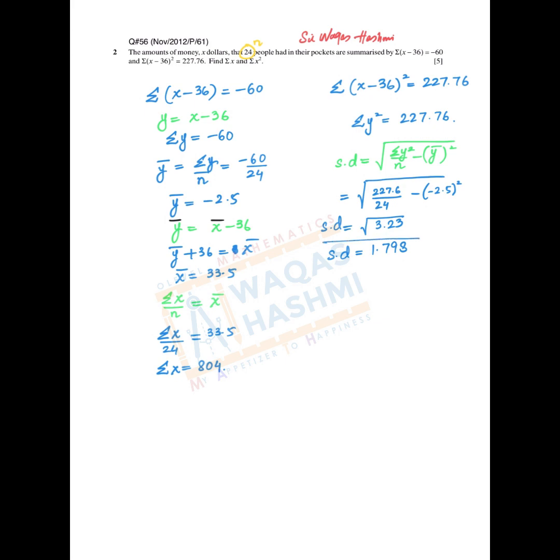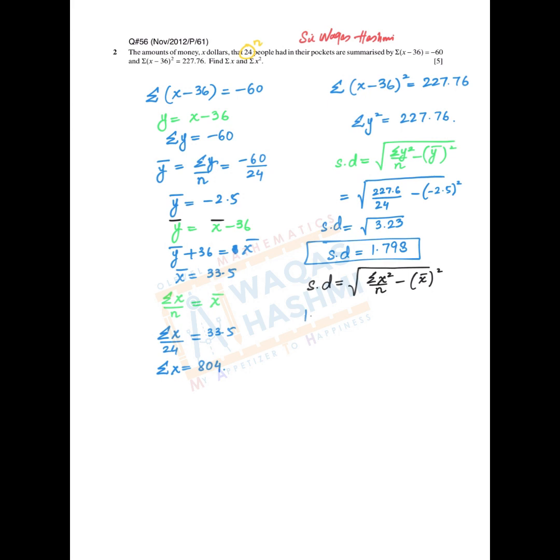you will get SD is equal to 1.798. Alright, with the help of SD, we can find out summation of x square. How? We can apply the working formula. SD is equal to under root of summation of x square divided by n minus x bar whole square. Alright.